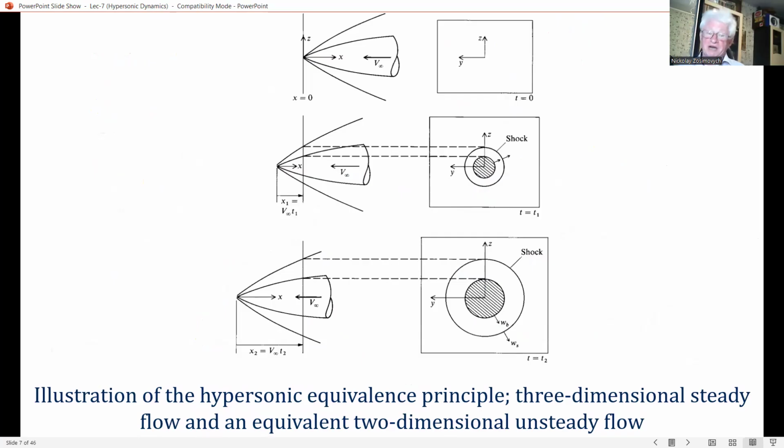An important variation on the hypersonic equivalence principle is the application of blast wave theory. Returning to the right side of this figure, which we've seen recently, note that the unsteady shock wave motion and ensuing flow field are driven mechanically by an expanding system.